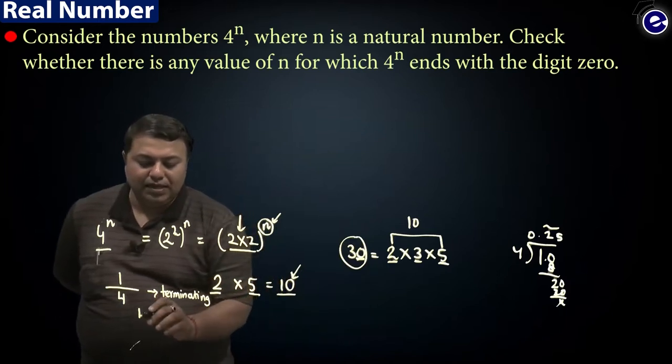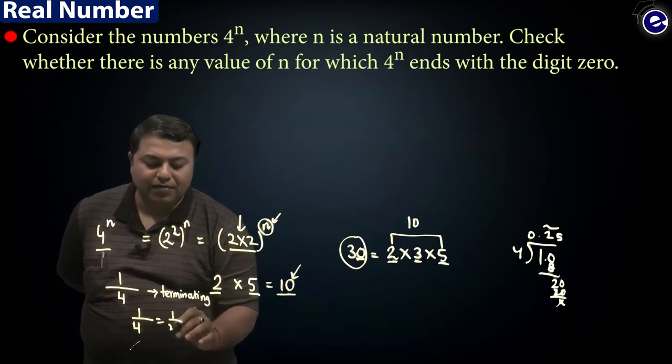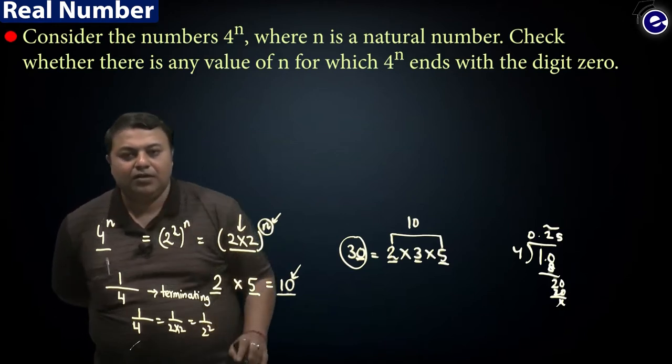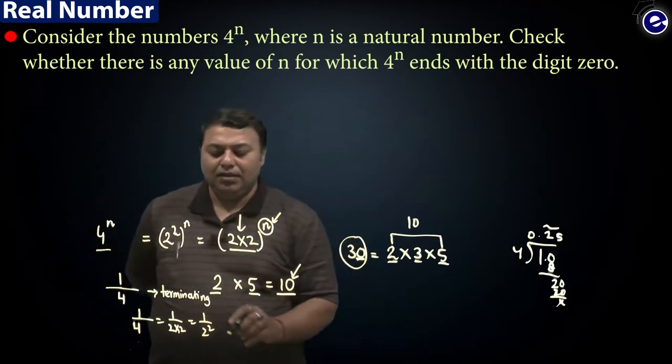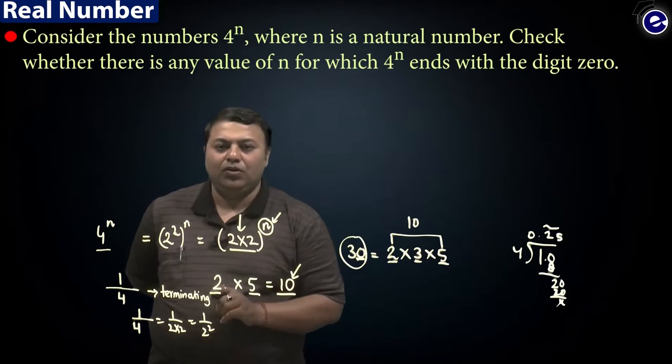What you do is, you prime factorize the denominator. So 1 by 4 can be written as 1 by 2 into 2, which is 1 by 2 square. Now please understand children, the power of 2 is 2.